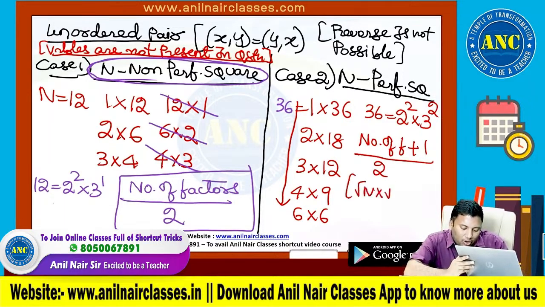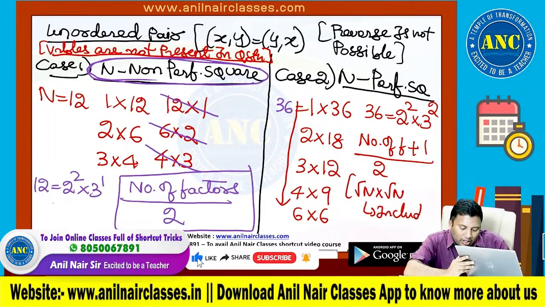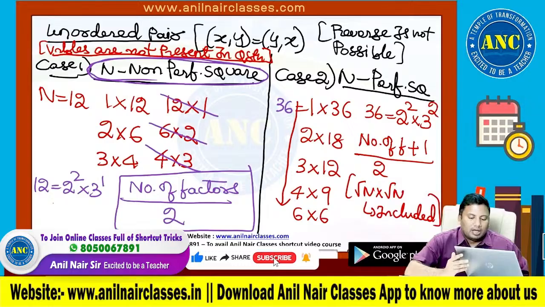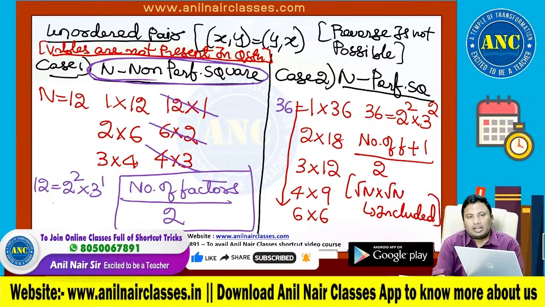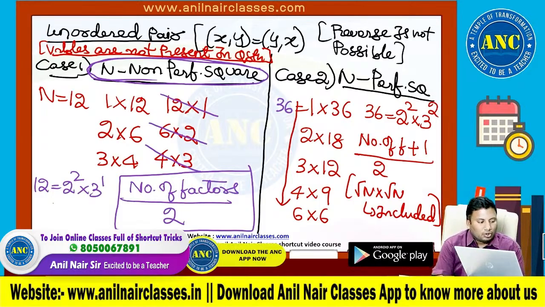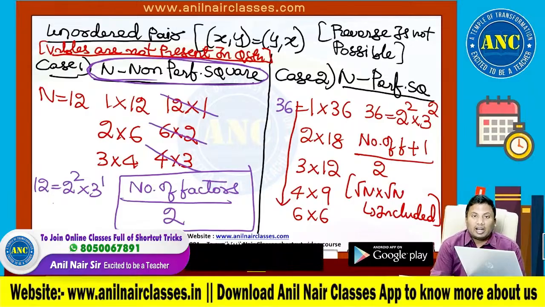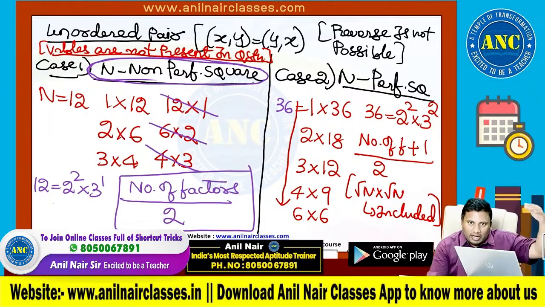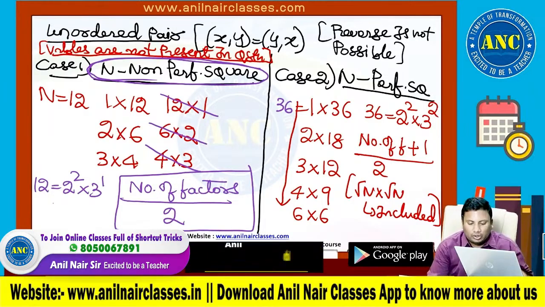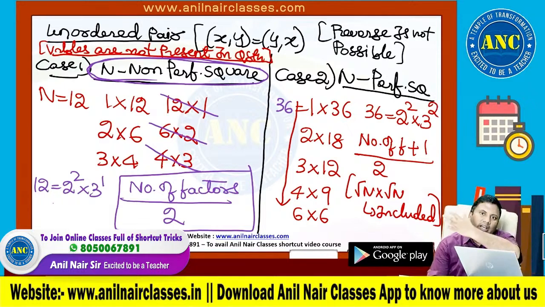If I include root n into root n. Why is it number of factors plus 1 by 2? 36 is 2 square into 3 square, total 9 cases I got. 1 into 36, 36 into 1. 2 into 18, 18 into 2. 3 into 12, 12 into 3. 4 into 9, 9 into 4.